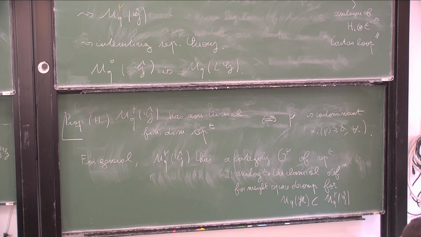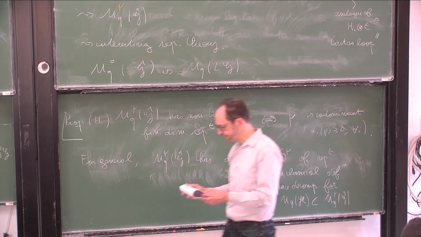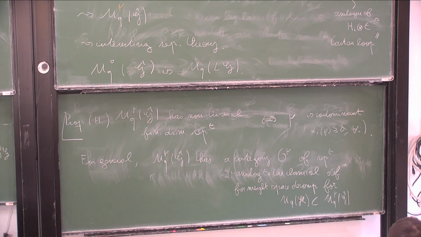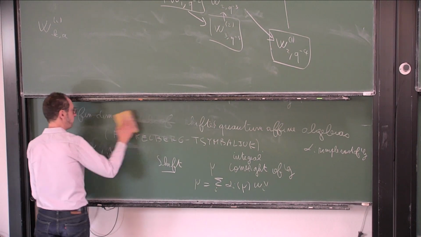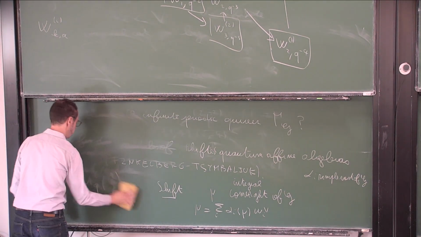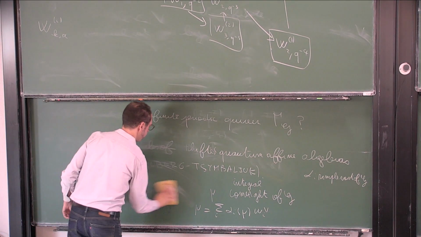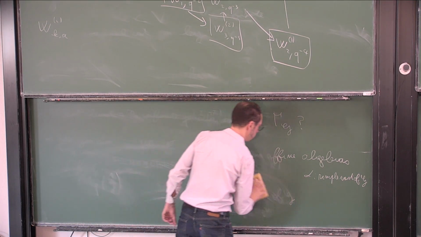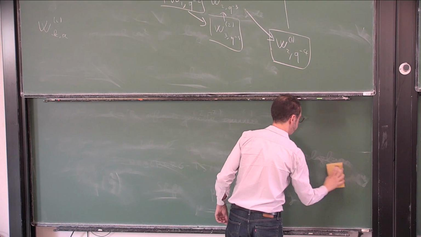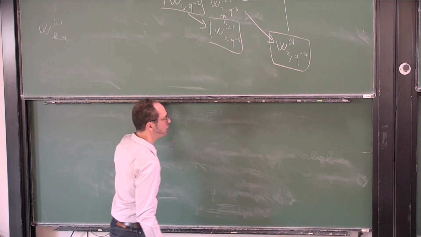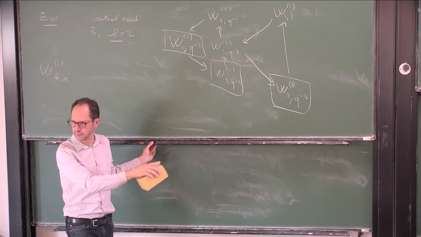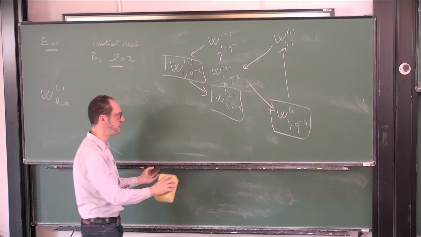So you have a nice category, and in fact it's possible to classify simple objects here. At this time, we do not require objects to be of finite length in this category.